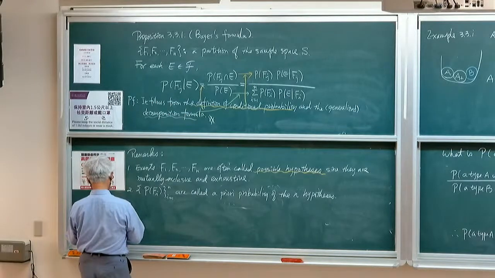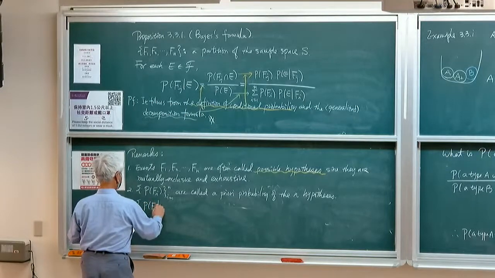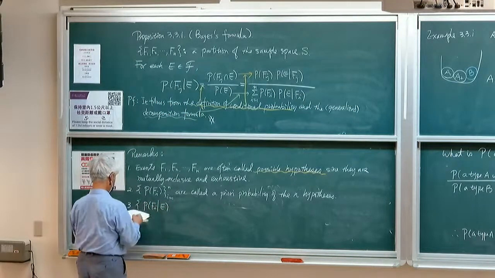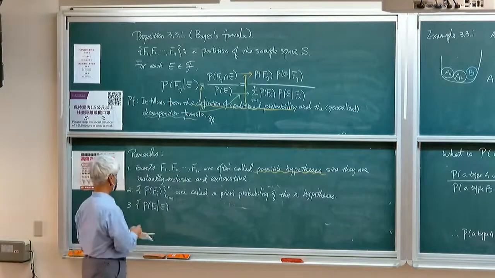The third point is that for the conditional probability of Fi given E, E may be considered as a new evidence.